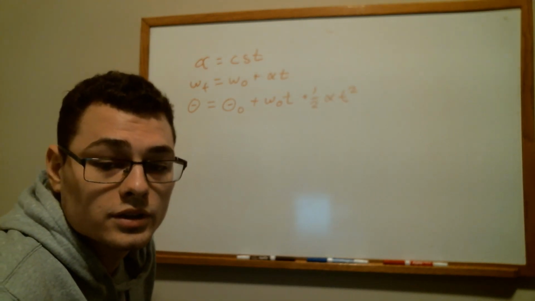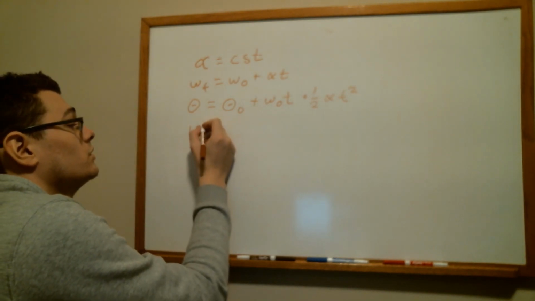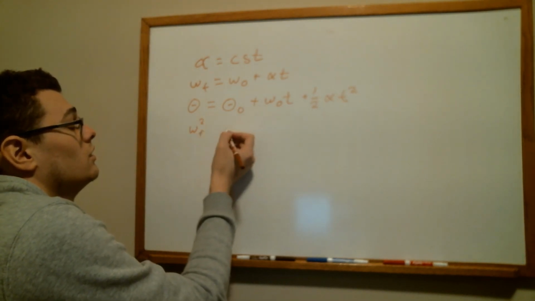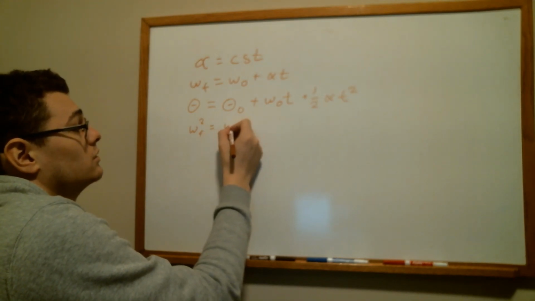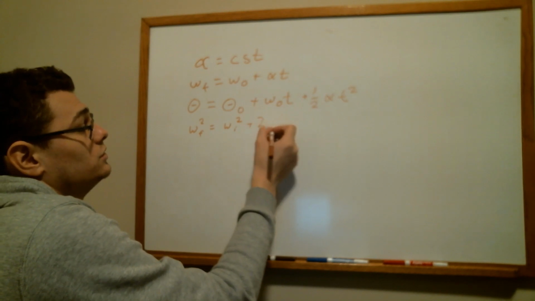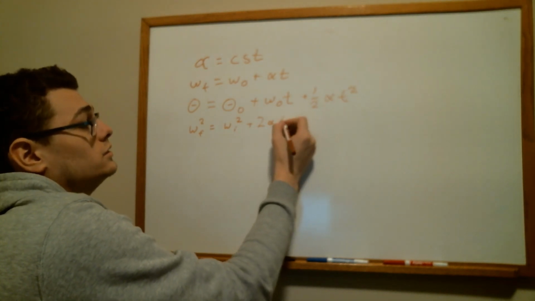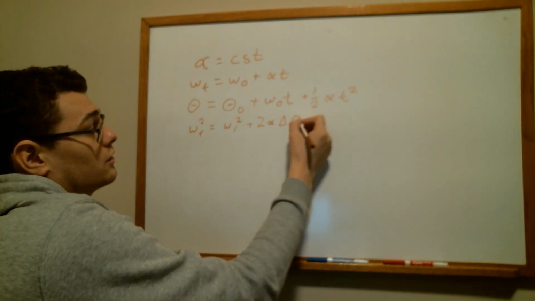Next, we can keep going and talk about the rest of the equations, where we have omega f squared is equal to omega i squared plus 2 alpha delta theta.